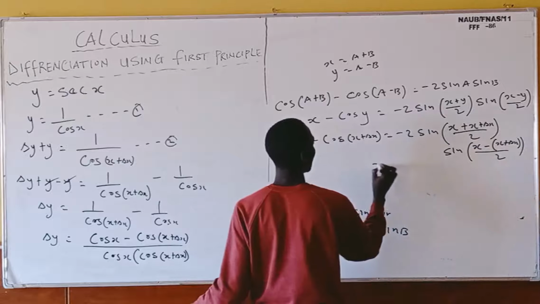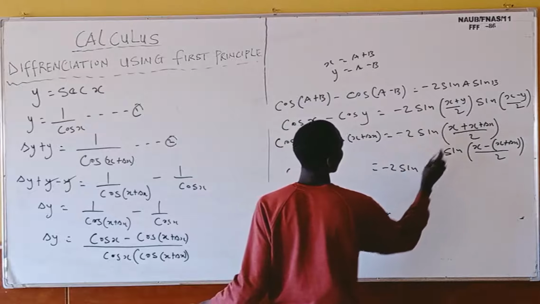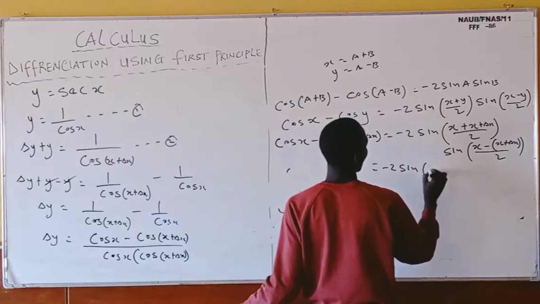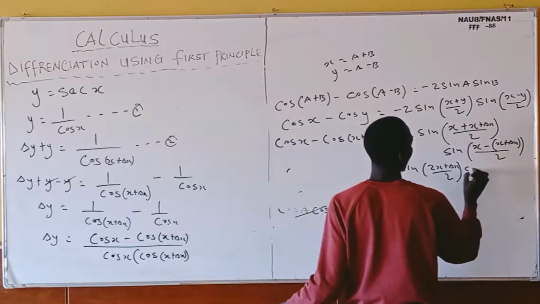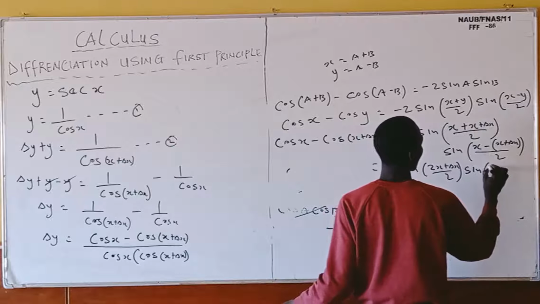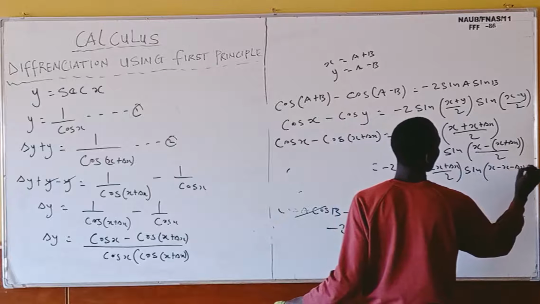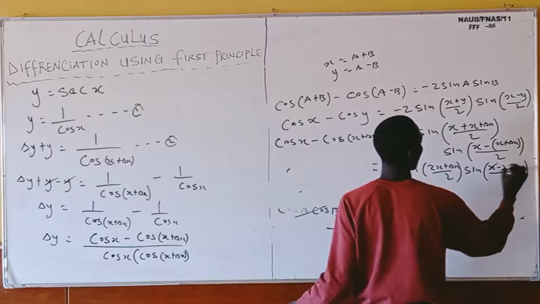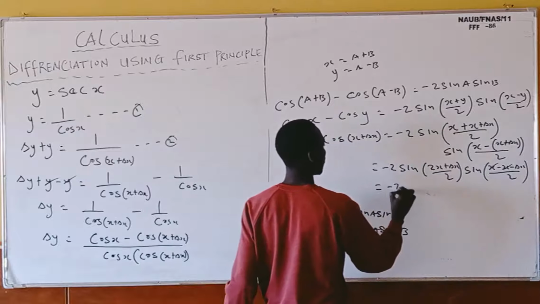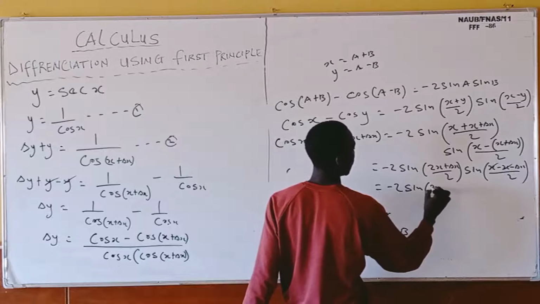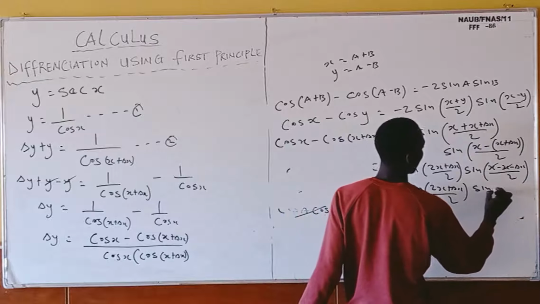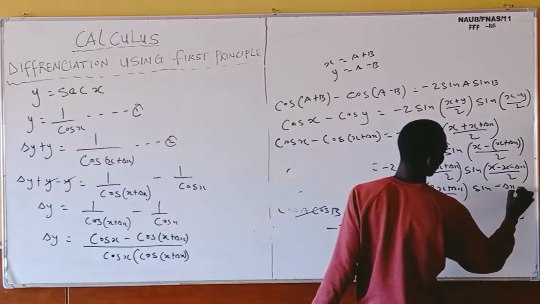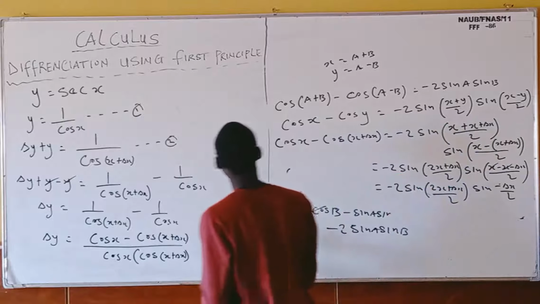So this will be minus 2 sine of (2s plus change in s) all over 2, sine of (s minus s minus change in s) all over 2. This will cancel out this. Then it will be equal to minus 2 sine of (2s plus change in s) all over 2, sine of (minus change in s) all over 2.